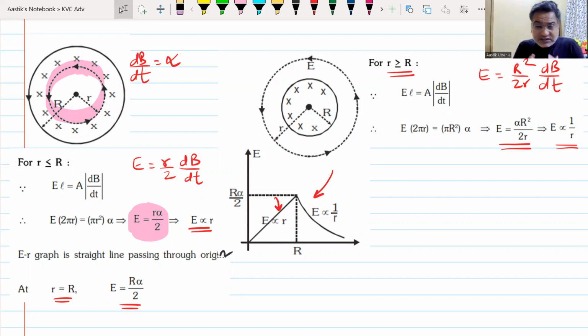We have also seen the resistor, where energy is dissipated in the form of heat. Power is I square R, energy is I square R into T. We have seen the electrostatic field, and we have seen the magnetic field in this chapter. So in the next topic, we are going to see the third element, which stores energy in the form of magnetic field or magnetic energy, and that is your inductor. We'll see it in the next class, and we'll try to wind it up in the next class only.